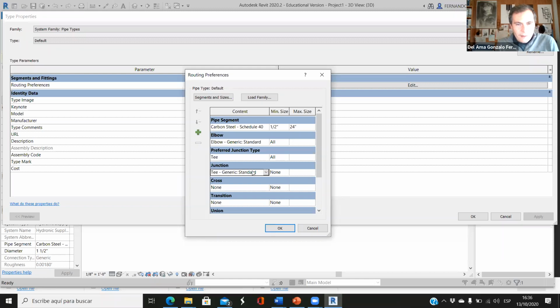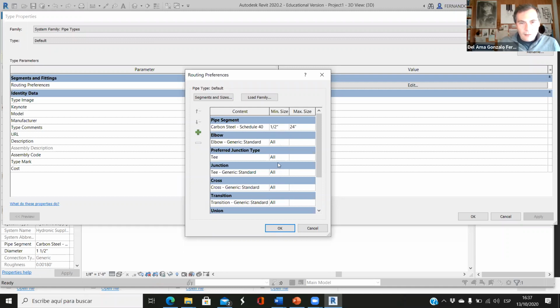Everything that is generic standard is okay. Here we select all, everything generic standard: transition, generic standard, and all; union and cap, generic standard. Usually by default, everything is like this.